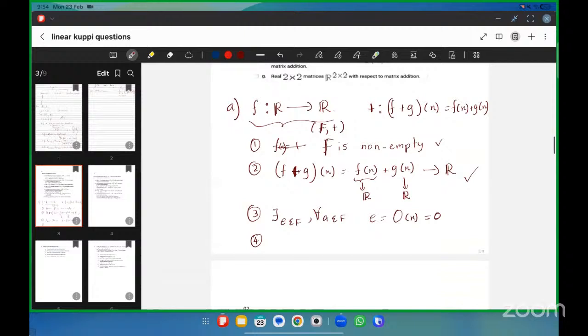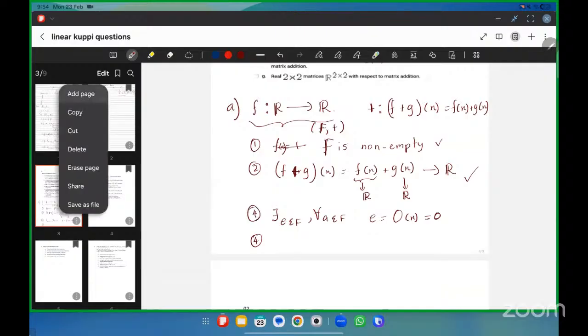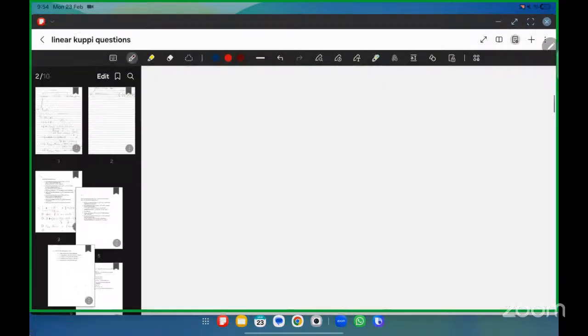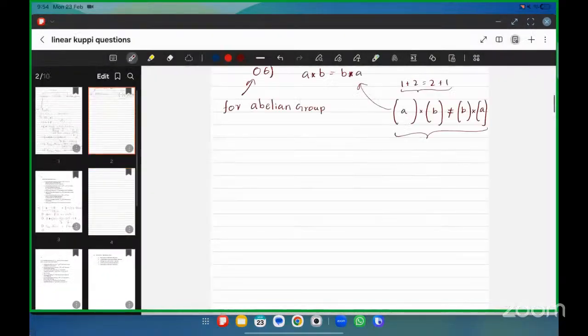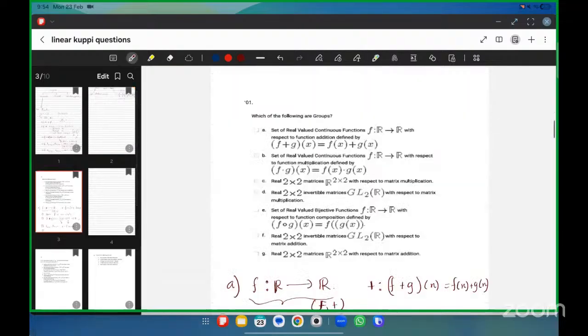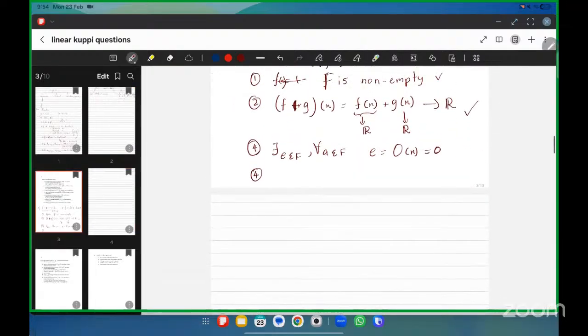Sorry, it should be a fourth condition, and the third condition is it should be associative.